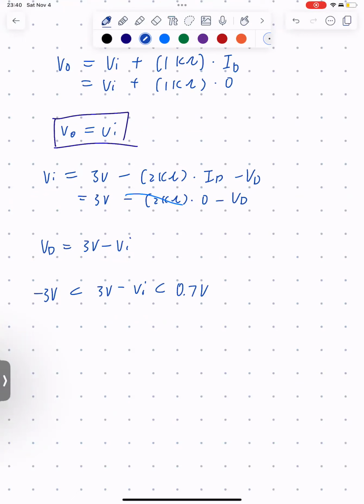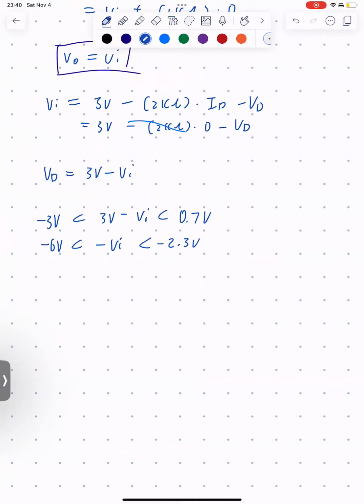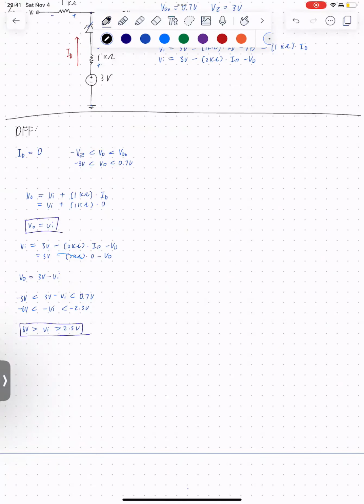Let's subtract 3 volts on each side, and then multiply each side by -1. Now we have the range of VI when the diode will be off. If VI is greater than 0.3 volts but smaller than 6 volts, the diode will be off and V out will be equal to VI. So that's the first part of our problem.